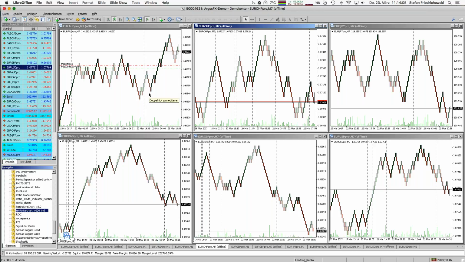If you compare Euro Swiss franc with Euro Australian dollar, there are a lot of vertical lines within Euro Swiss franc. What does it mean? That means you see here already on the x-axis quite a lot of days.